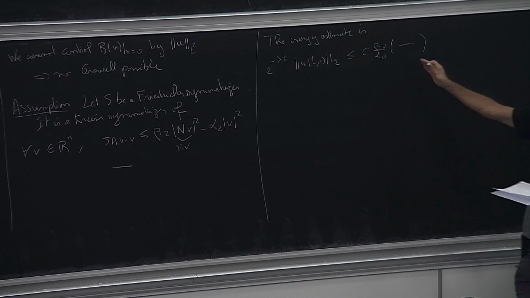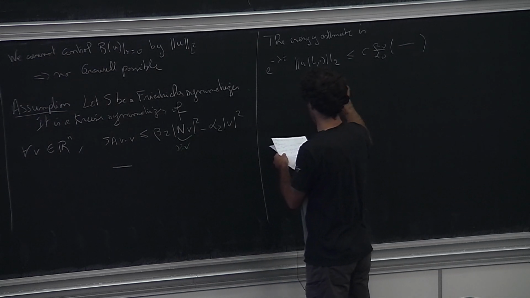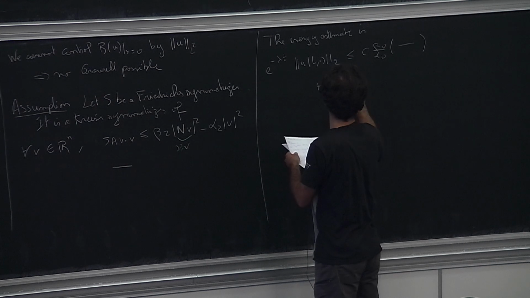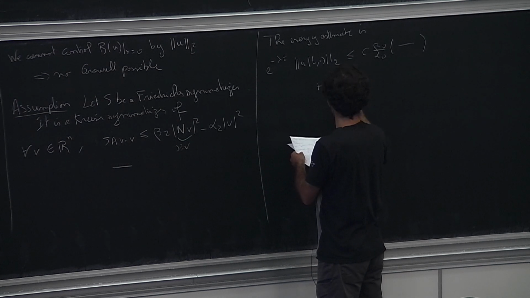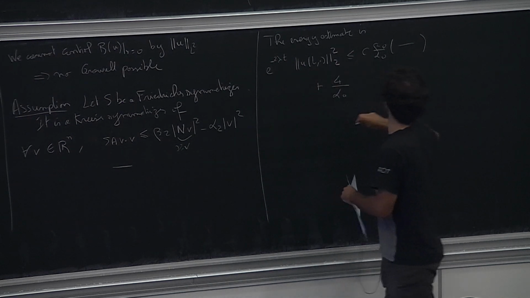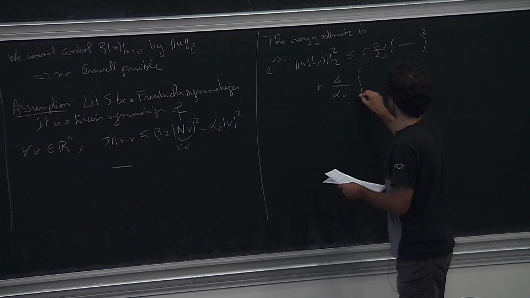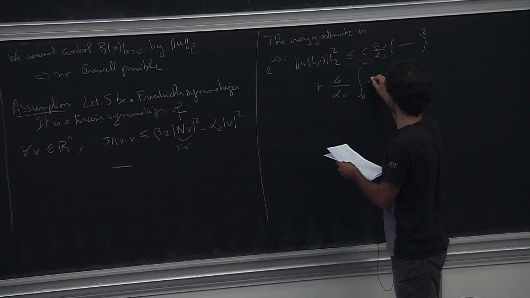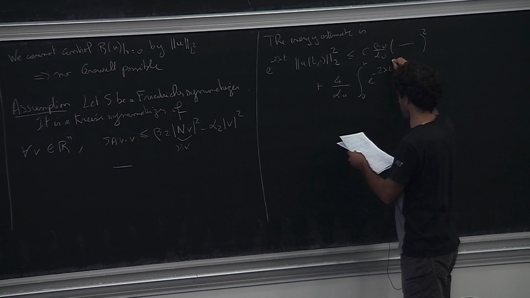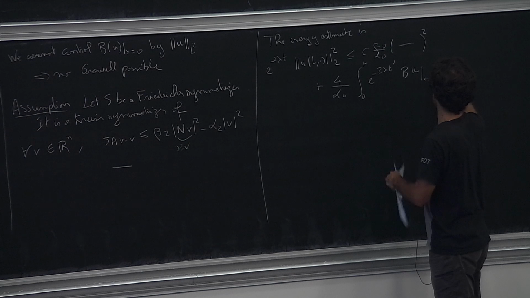So this is the case without the boundary. I have just another term, and integral from 0 to t of exponential minus 2 lambda t prime, and then my quantity B of u at x equal to 0 dt prime.